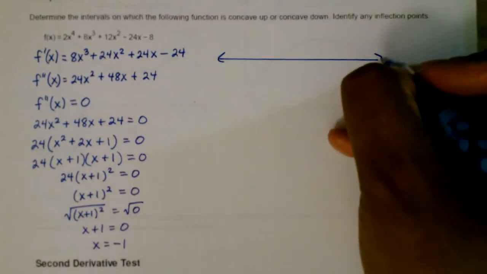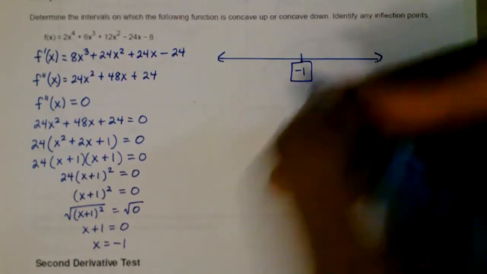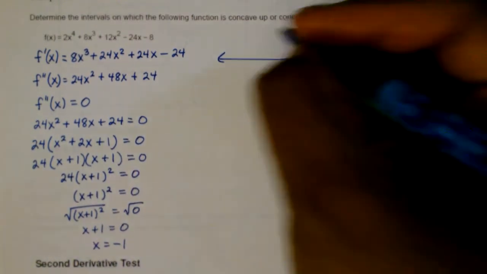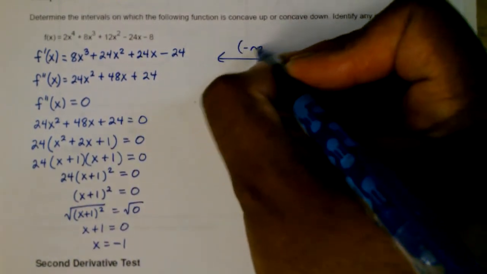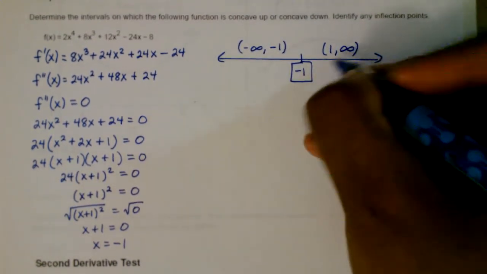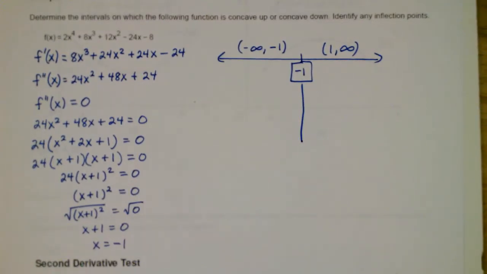So if I draw my number line, negative 1 breaks it up into two intervals, from negative infinity to negative 1, and then from negative 1 to infinity, because that's going to help me determine my possible concavity.